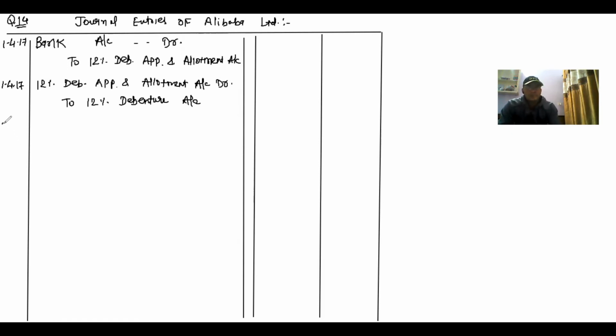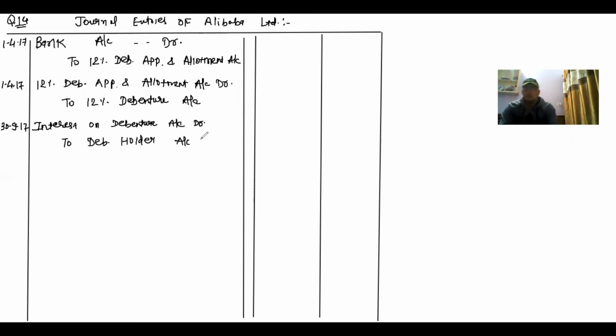So now on 30th September 2017, there is a journal entry for interest on debenture, that is interest on debenture account debit to debenture holder account. It means this interest goes into the account of the debenture holder.